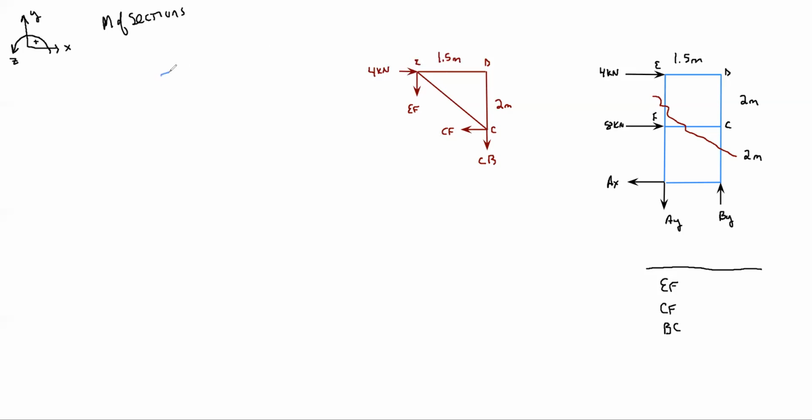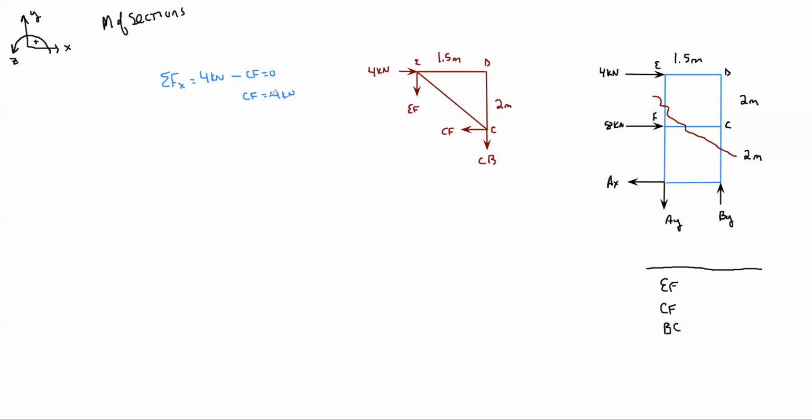All right, so summation of the forces in the X direction. So we've got 4 kilonewton force. That's the external force being applied at point E. Minus CF is equal to 0. That means that CF is equal to 4 kilonewtons.